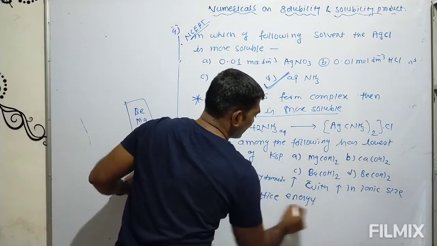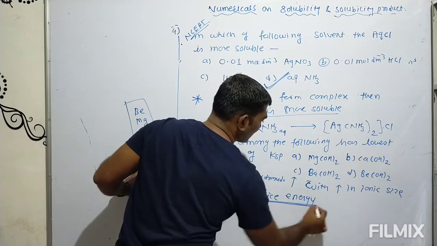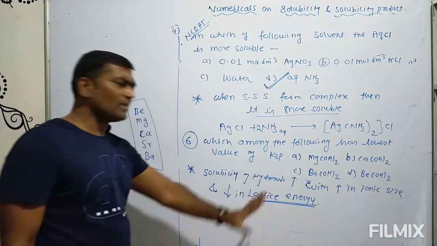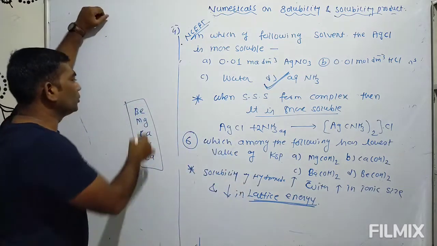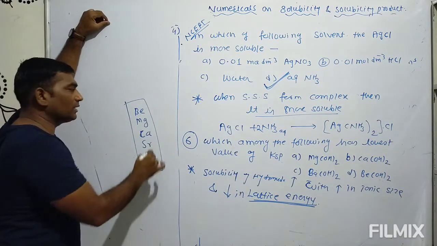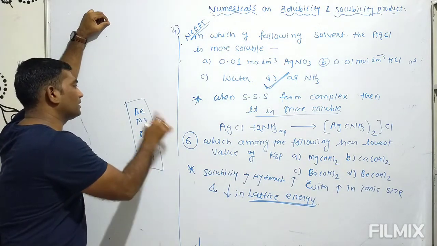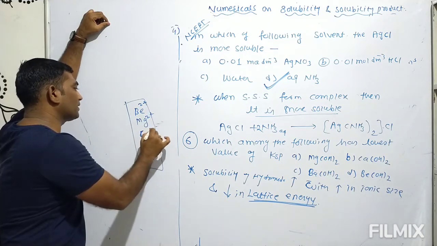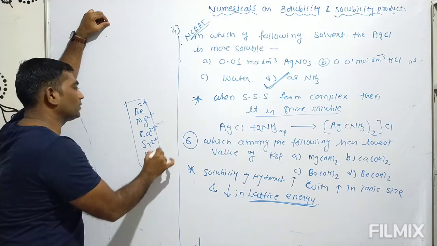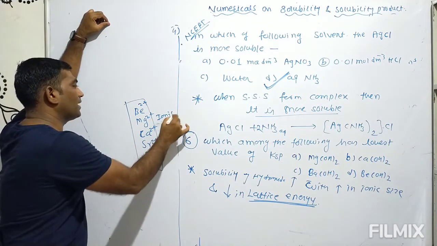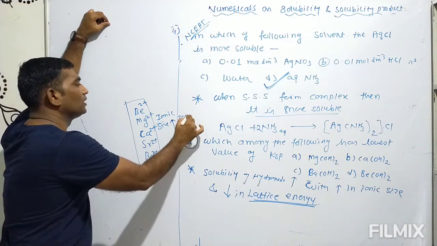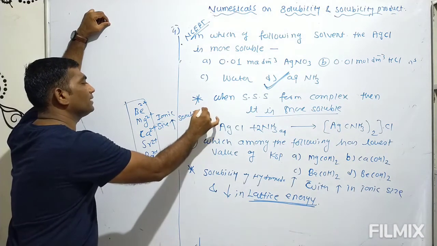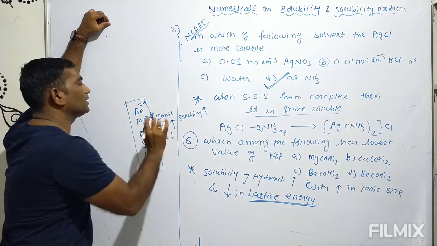This concept of lattice energy we have discussed in chemical bonding, so please understand this. So when we move down the group, the ionic size of Be2+, Mg2+, Ca2+ increases, so solubility increases, and lattice energy goes on decreasing.